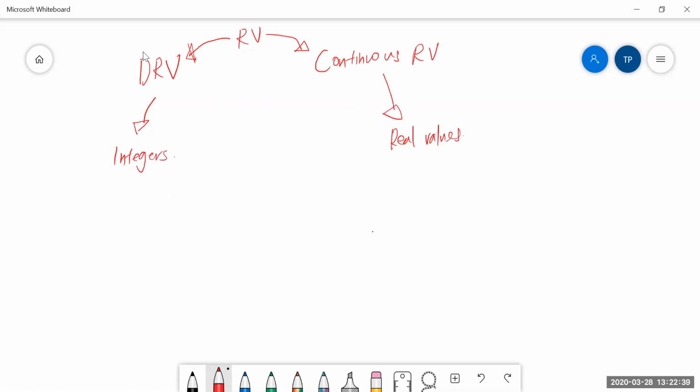For discrete random variables, after that we will move on to binomial distribution, because in binomial distribution, we are only measuring discrete random variables. For continuous random variable, it will be in normal distribution. Understand?